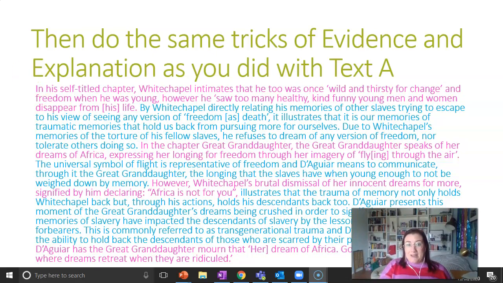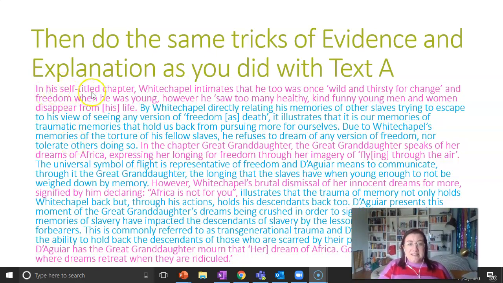That way you can see just through the colour that the amount of comparison, the amount of explanation that I'm giving is quite significant, particularly in comparison to the amount of pink there is, which is my evidence.